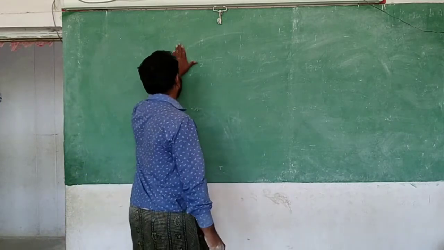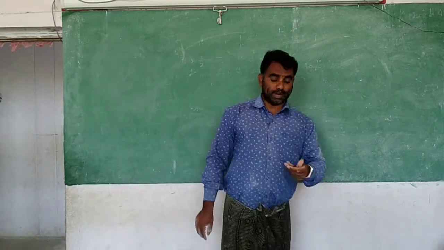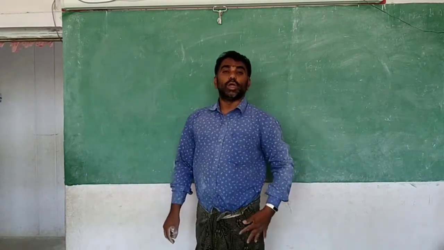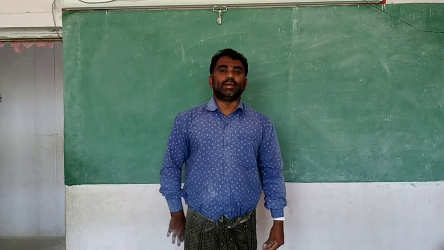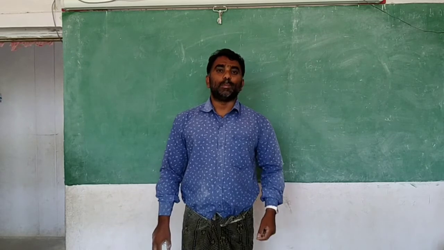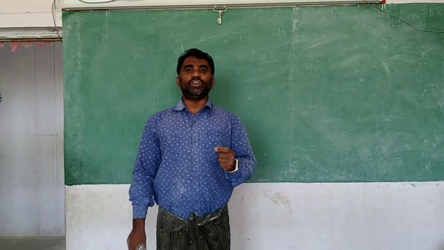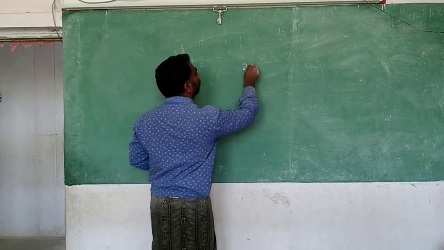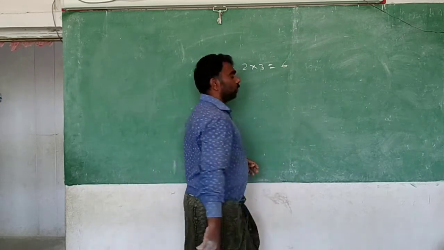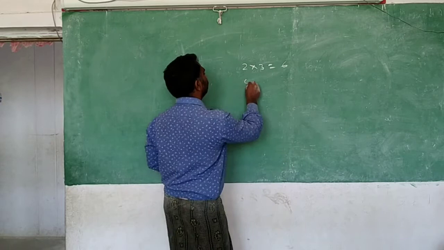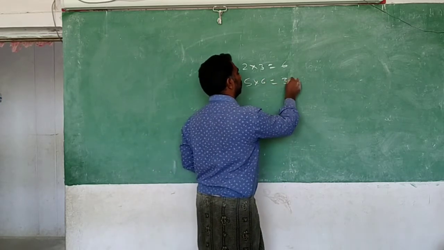Okay, and today one more topic we need to understand. The topic is, when you take multiplication of integers, suppose you take 2 3s are 6. Take any other multiplication, 5 6s are 30.